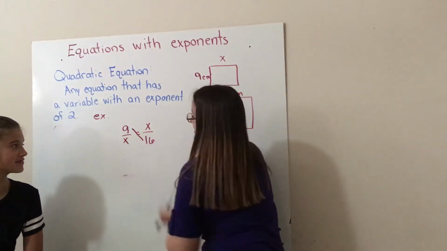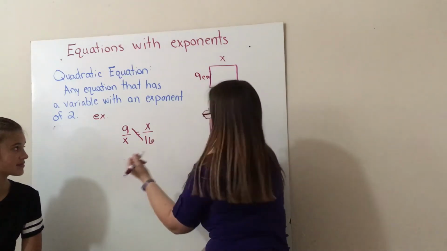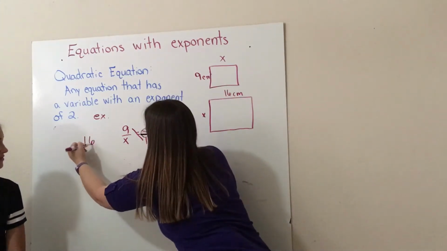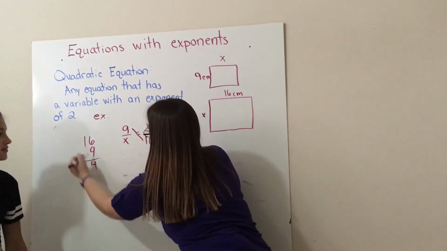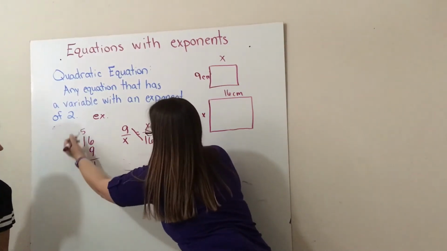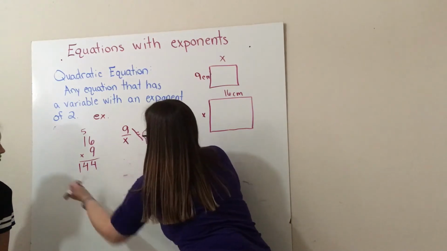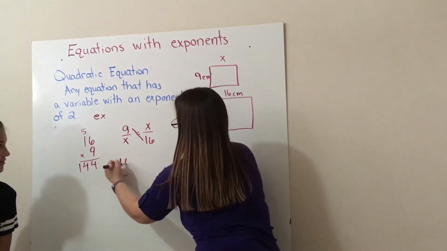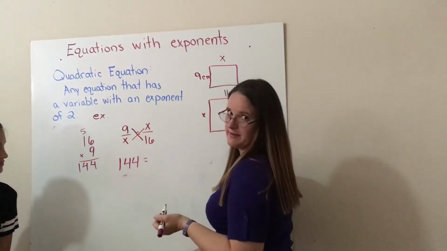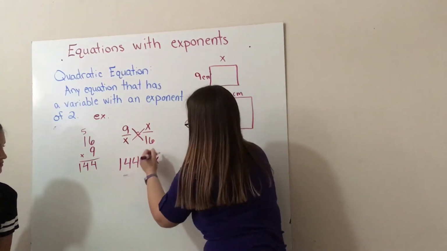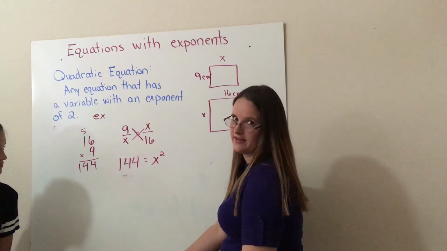So I'm going to multiply 9 times 16. 9 times 6 is 54. 9 times 1 plus 5 is 14. So I've got 144 equals, and then I'm going to multiply x times x, which gives me x squared.